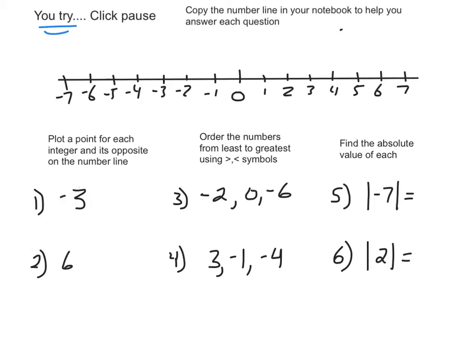So you need a number line to do that. Number 3 and 4, order the numbers from least to greatest, using the greater than and less than symbols. Plot them on your number line like we did in the example. Number 5 and 6, find the absolute value of each number. Good luck. Click pause. Try them out. When you're done, click play and I'll go over them.